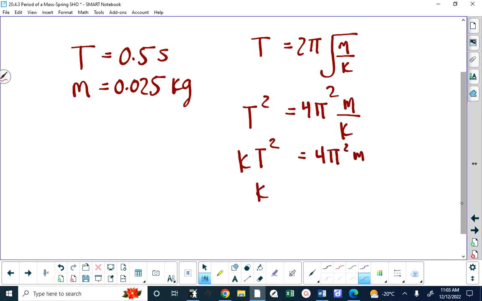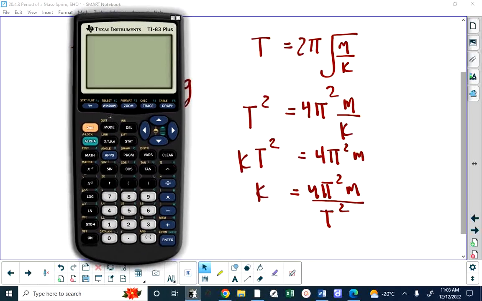And that means k is equal to 4 pi squared m over T squared. This is the beautiful thing about algebra. You do this here, you don't even need to write down any numbers, really. 4 times pi squared times the mass, which is given in the question, divided by the period squared.